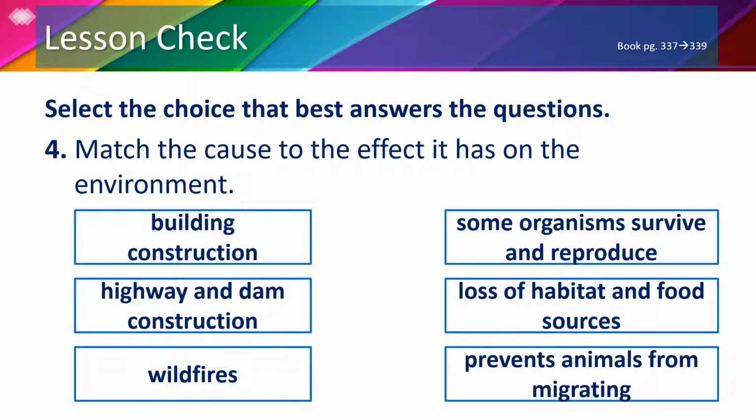When humans build constructions, living things lose their habitat and their food sources. When highways and dams are constructed, animals cannot migrate or move from one place to another. And finally, wildfires have a positive effect on the environment as well because they allow some organisms, like pine trees, to survive and reproduce.